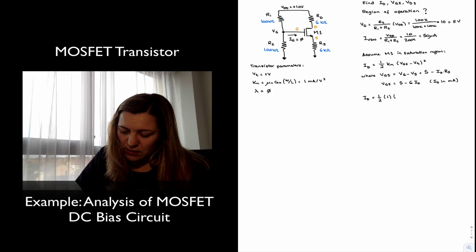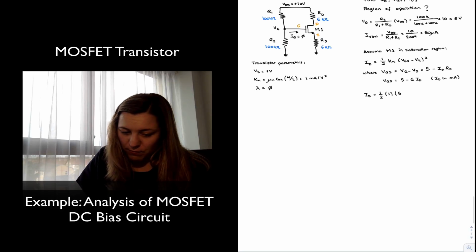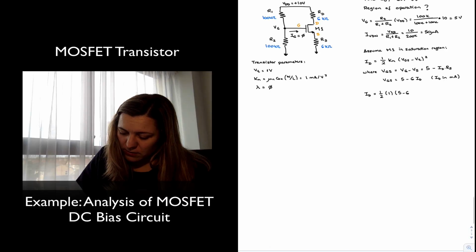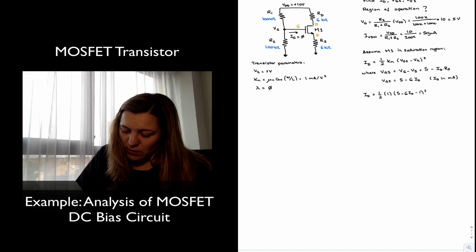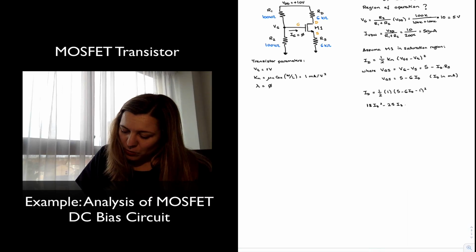Times VGS, 5 minus 6 ID minus 1 squared. And so when I write that in standard form for a quadratic equation, I have 18 ID squared minus 25 ID plus 8 is equal to 0.